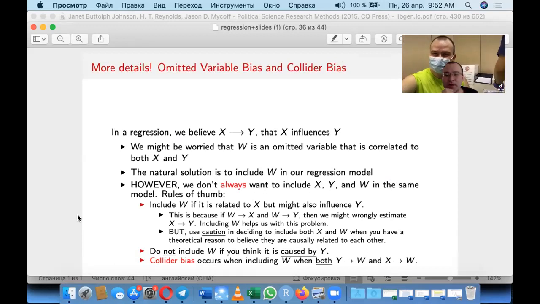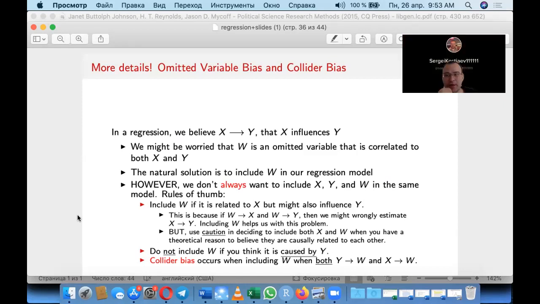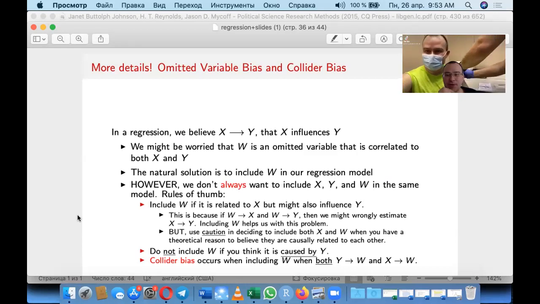If you think that there is a strong correlation between one of your independent variables and your omitted variable, then you cannot include this omitted variable in your regression, because you will have a thing called, remember, multicollinearity, when two variables which are included in the list of your independent variables have a high correlation coefficient.